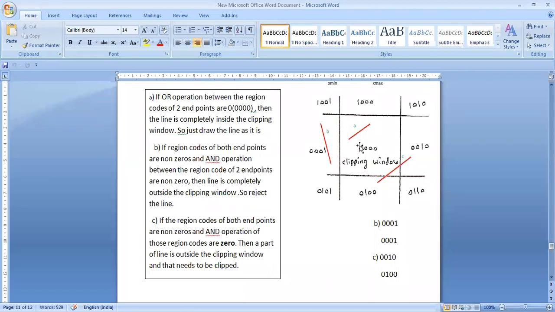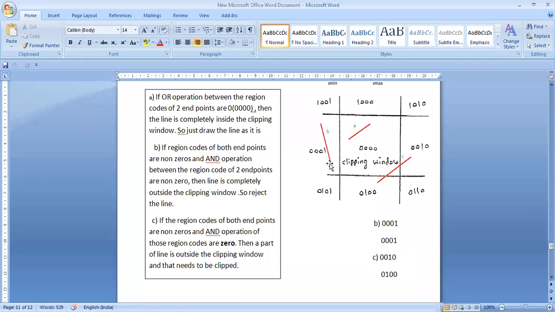Okay, if the OR operation between the two endpoints is 0, 0, 0, 0, then the complete line is inside. If both the endpoints are non-zero and the AND operation between the endpoints also turns out to be non-zero, then the line is completely outside the clipping window.